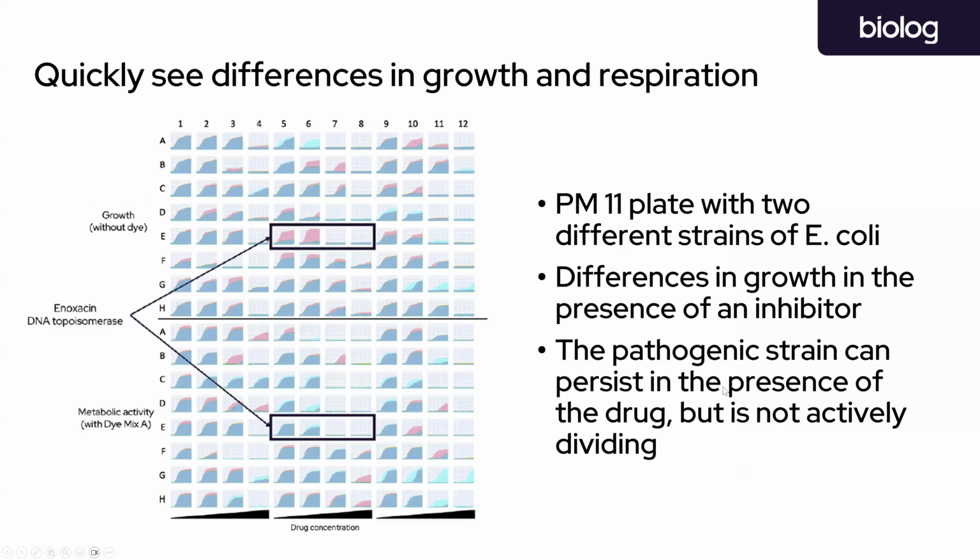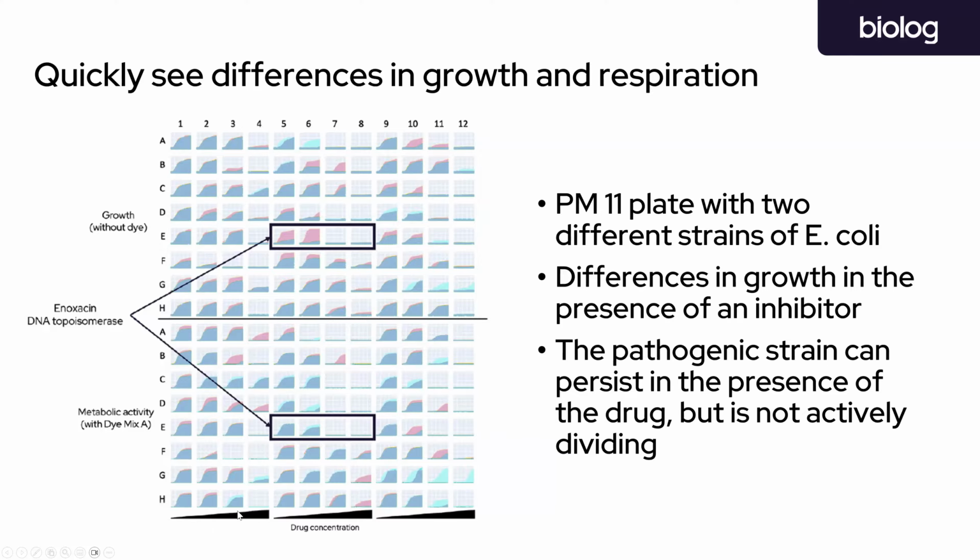So here's a snapshot of some real data from just one plate again, and this is run with dye and without dye. This is actually our 11th plate of this series, PM11. This one has different drugs or inhibitor compounds, and each drug on this plate is put in a series of 4 increasing concentrations.